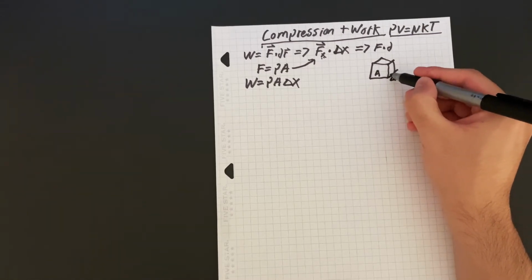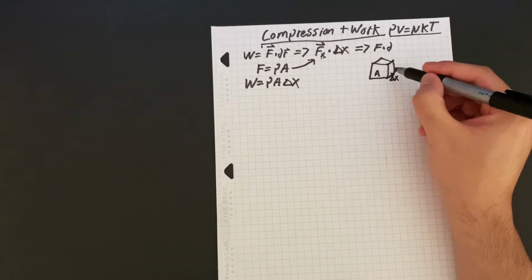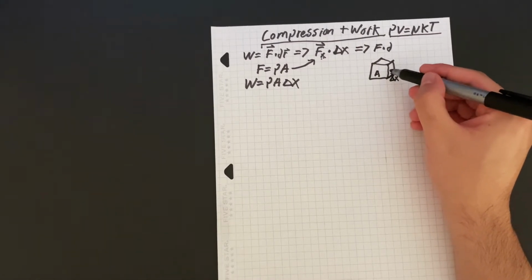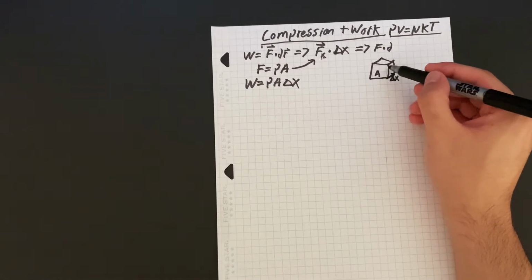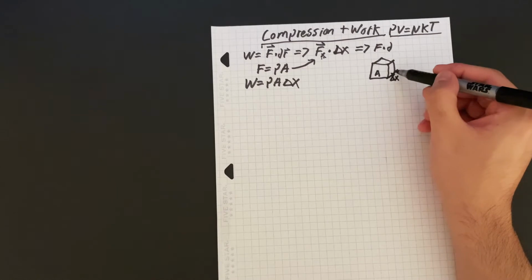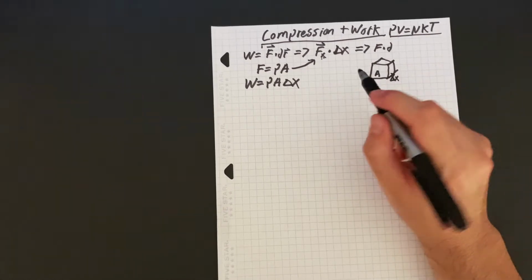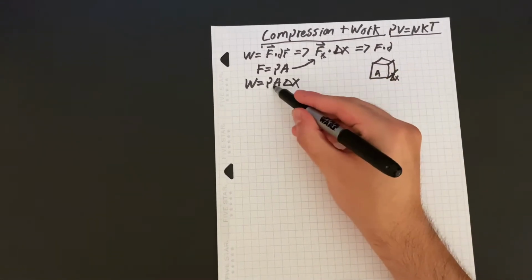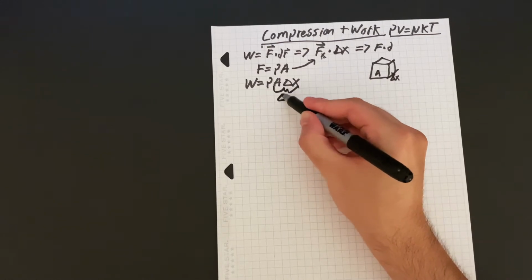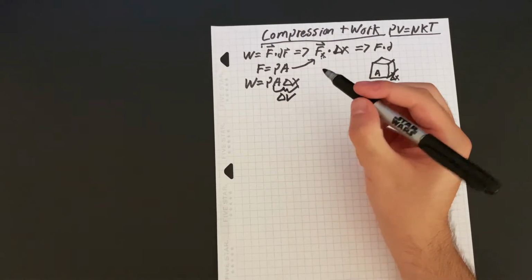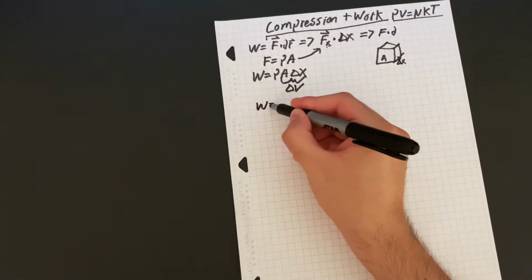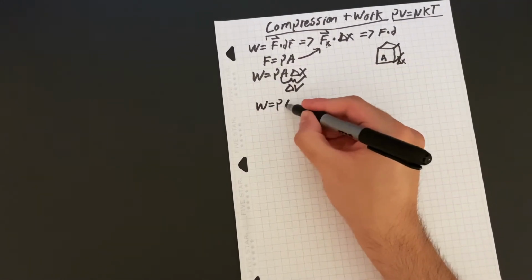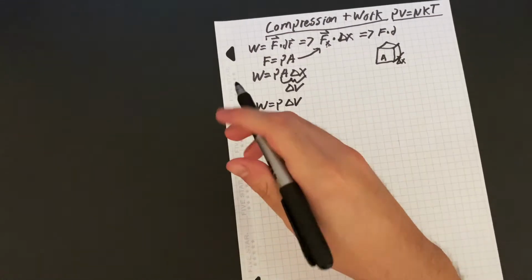And let's just say it's compression, so it's delta x moving this way. So it's lowering the volume of the box. But what that really is this area times the change in this length. And you know what that is? Well, this is actually the change in volume. So that's really good for us to look at. So work equals pressure times change in volume.